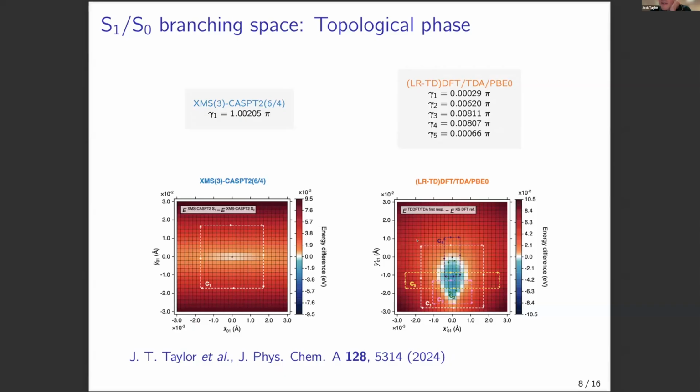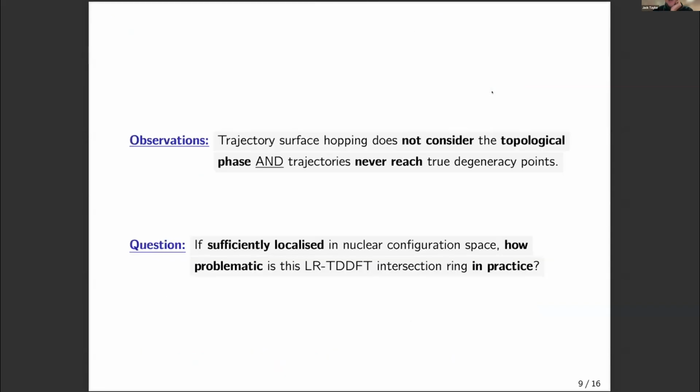However, no matter how we define the path for TDDFT, so completely enclosing the intersection ring, it's hard to see, but there's a green path that is completely inside the intersection ring, or any variant of path that crosses the intersection ring, they always return a value of pi, within numerical error. So we've got the incorrect topology: we have an intersection ring, and it's not correctly describing the topological phase.